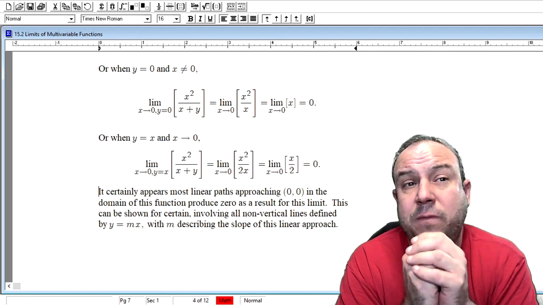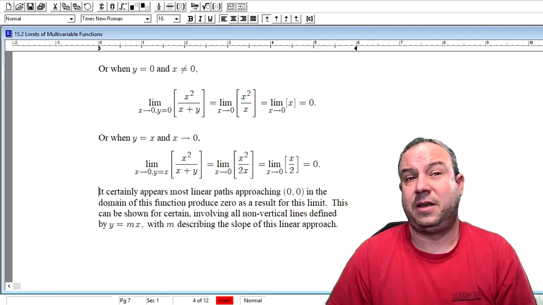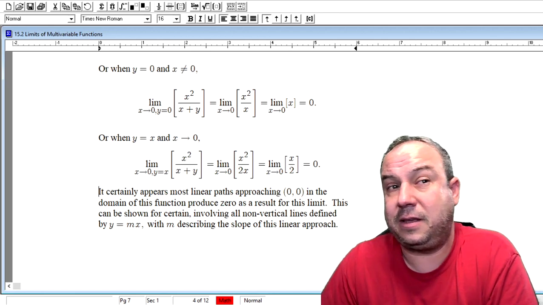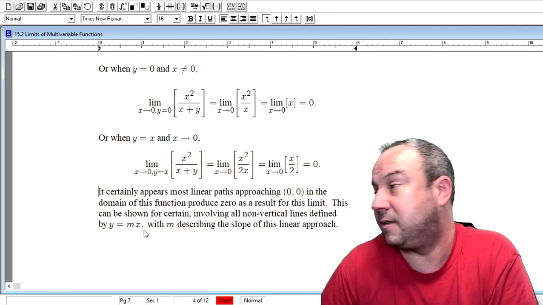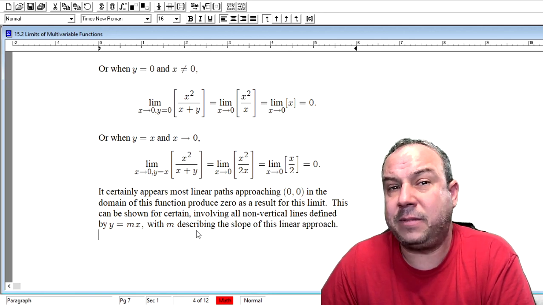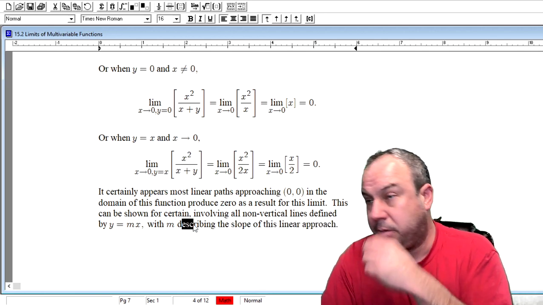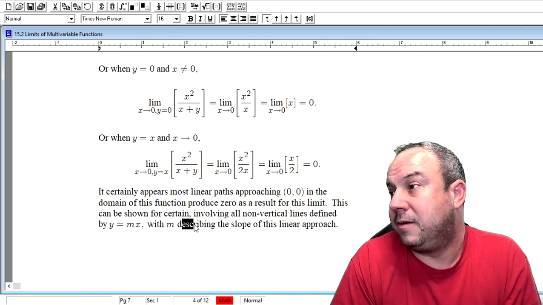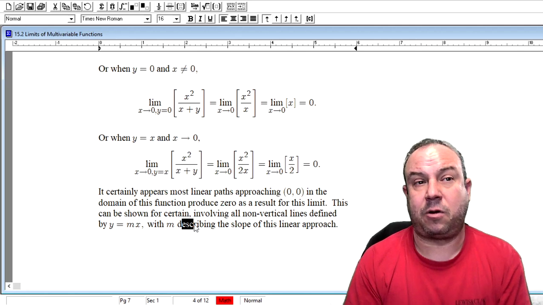But this can be shown for certain, involving all non-vertical lines defined by the equation y equals mx in value, where m describes the slope of the linear approach. This is setting up a very generic line passing through our origin.